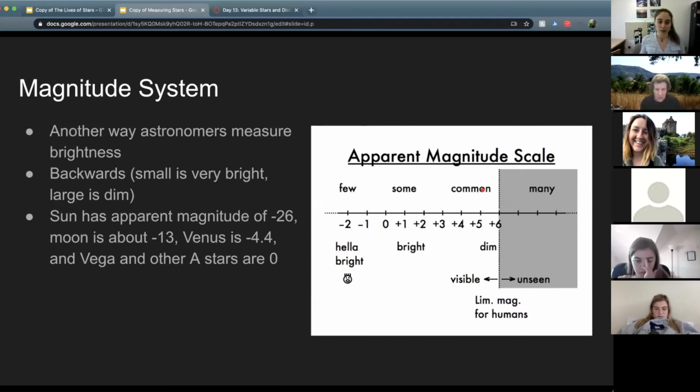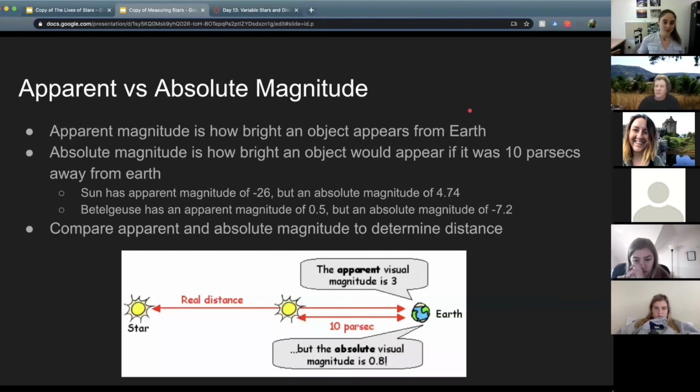And then A stars end up around 0, but that depends on how far away they are. So again, magnitudes is how astronomers often measure brightness, but they're backwards. Negative is really bright, and positive is going to be very faint.